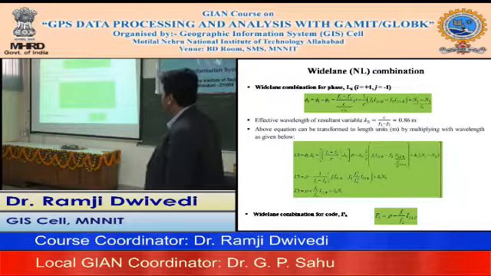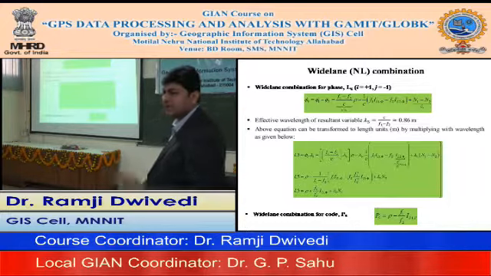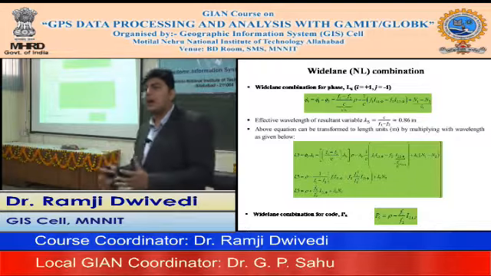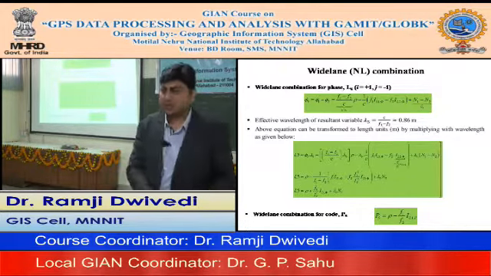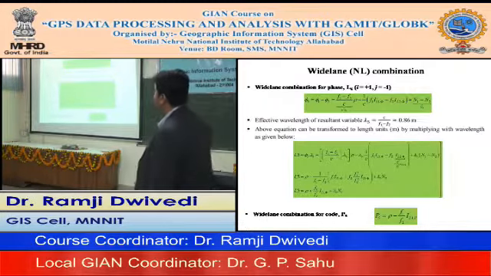So with this 86 centimeter wavelength, you resolve the ambiguity, and there is a relationship for how to use those wide lane ambiguities to get an estimate for the individual ambiguities.